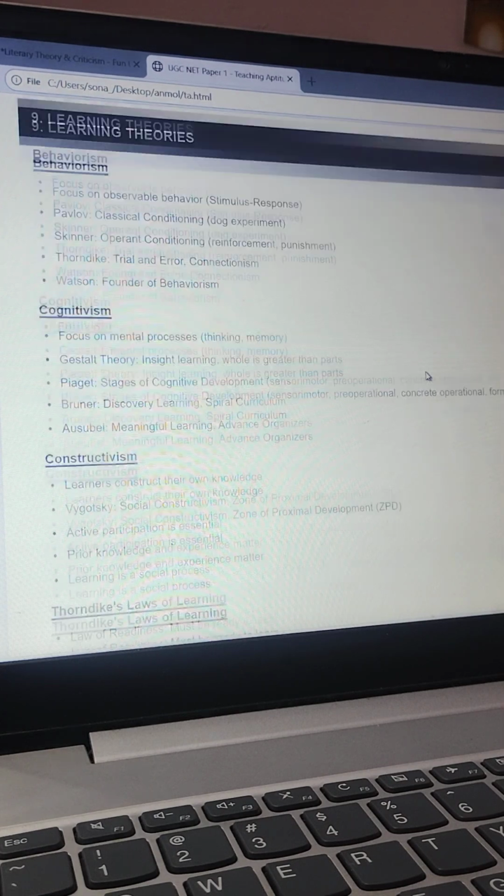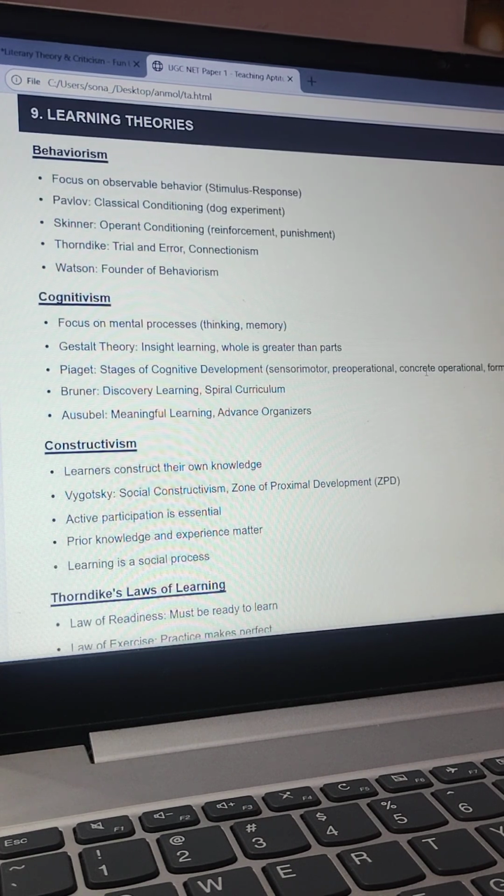Coming to the learning theories, we have behaviorism, in which we focus on observable behavior, that is stimulus response, by Pavlov, and that is classical conditioning. And by Skinner we have operant conditioning. We are not discussing in much detail.